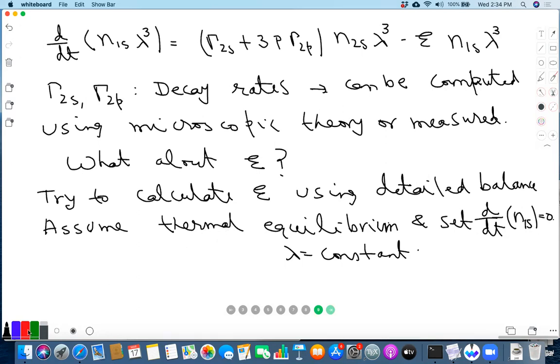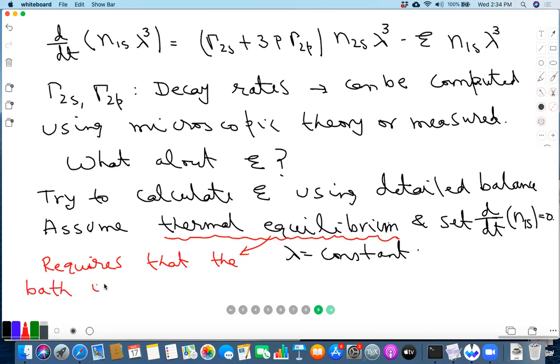But here I should emphasize this again, and this will be important. Thermal equilibrium requires that the bath is not affected by the e-minus-p-plus system.